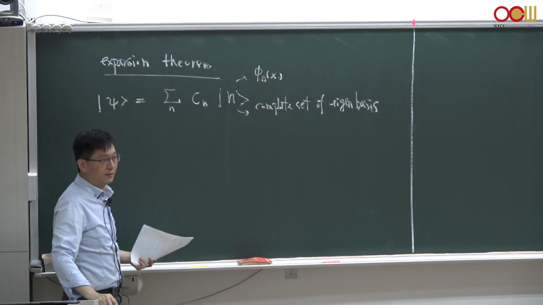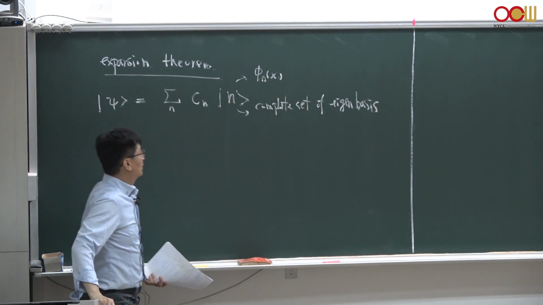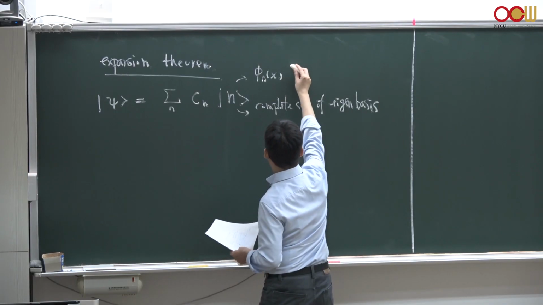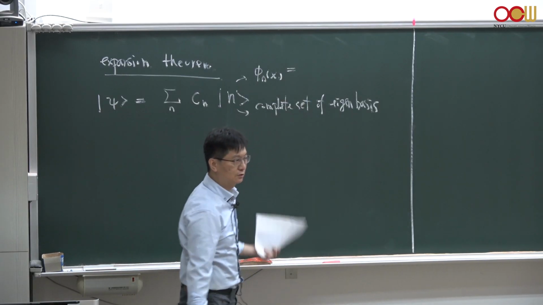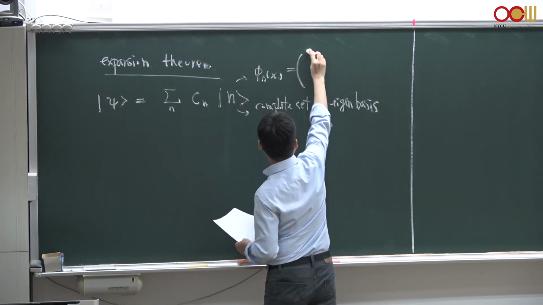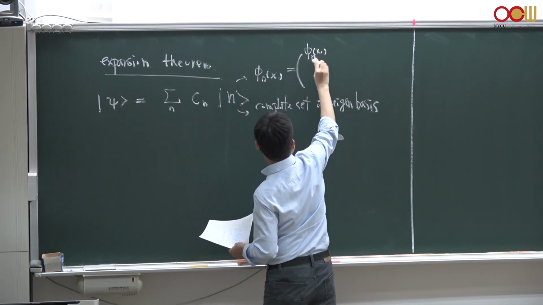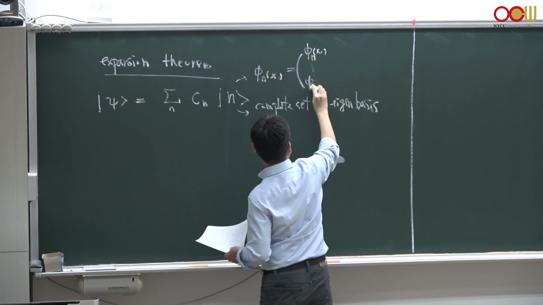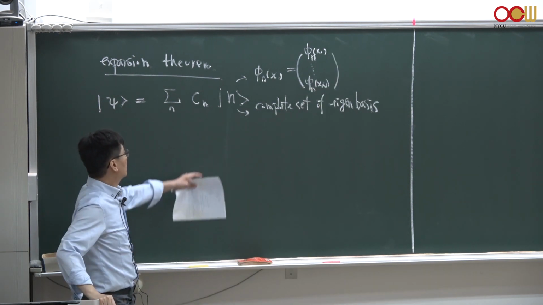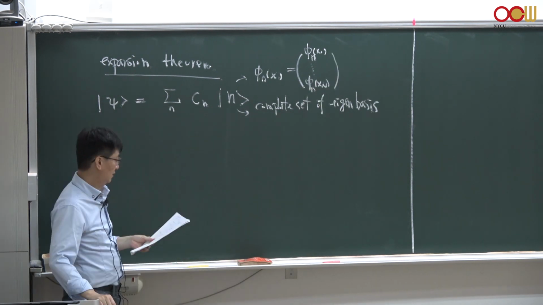But here, I can adapt the Dirac notation, since this phi n of x is nothing but some wave function. So I can rewrite this in terms of a Dirac ket state, which is made of all these column matrix elements. As a result, I can simply use this Dirac ket notation.